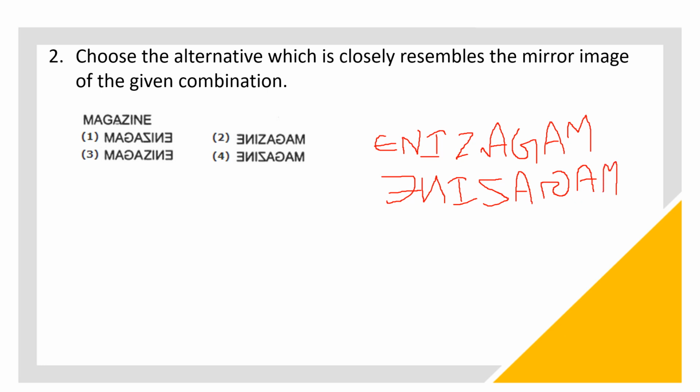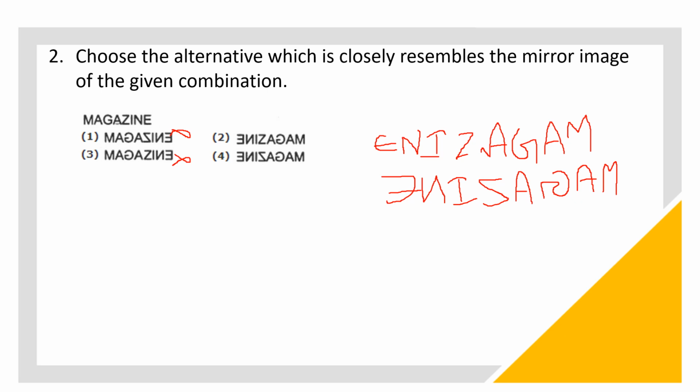Let's observe the options. The first option is not correct. The third option is also not correct. First, all the letters are reversed from right to left: E N I. So the second and fourth options start like that.